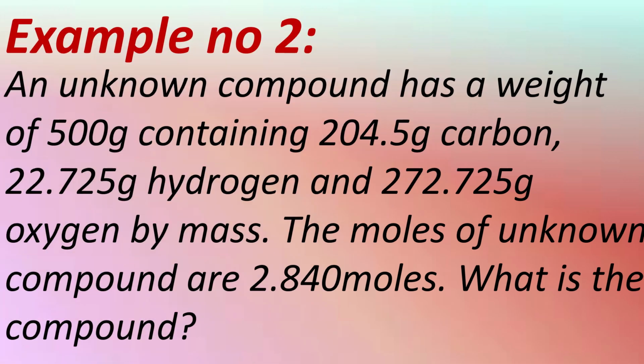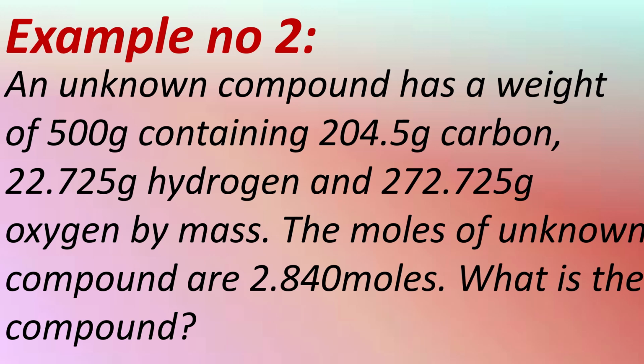Example number 2. An unknown compound has a weight of 500 gram containing 204.5 gram carbon, 22.725 gram hydrogen and 272.725 gram oxygen by mass. The moles of unknown compound are 2.840 moles.